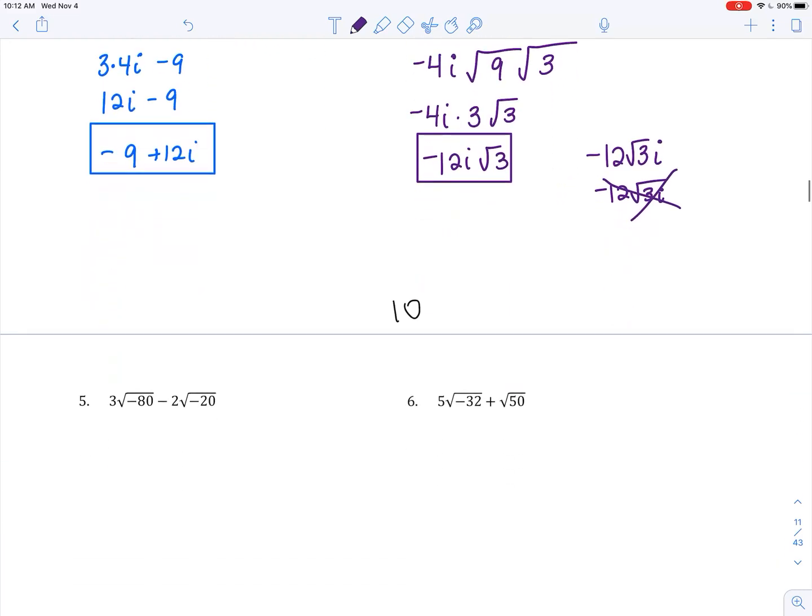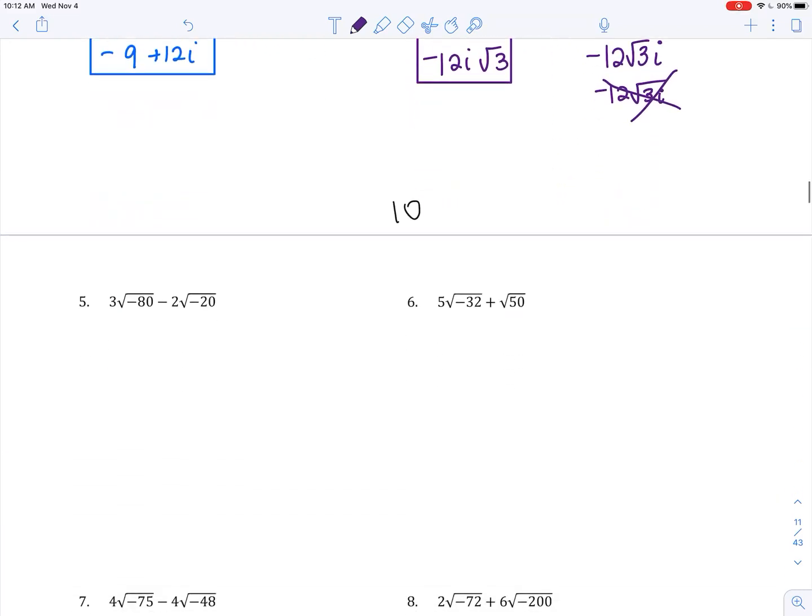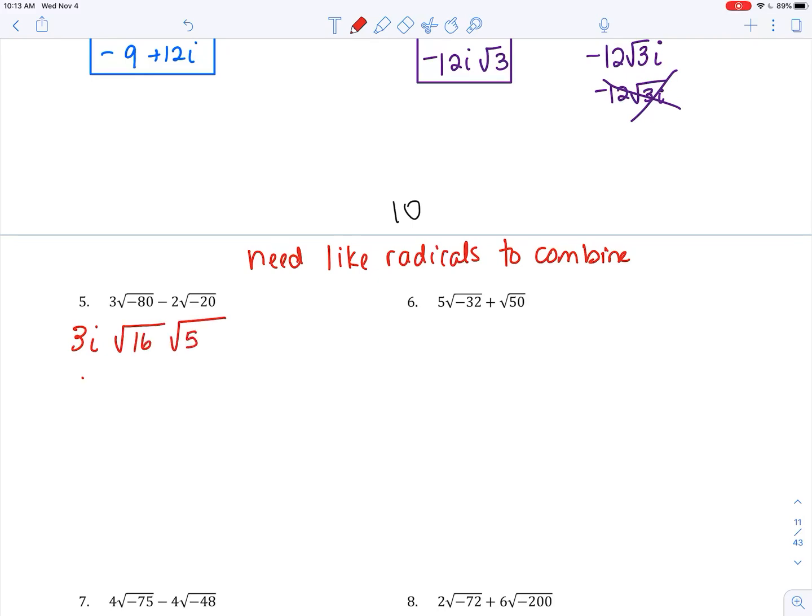All right, we're just going to do a couple more examples of adding and subtracting. It's the same as all our other ones where you have to have like radicals to combine them. So you simplify first. So this would become a 3i, and then you would break down the 80, which would be 16 and 5. So the first one would be 12i root 5.